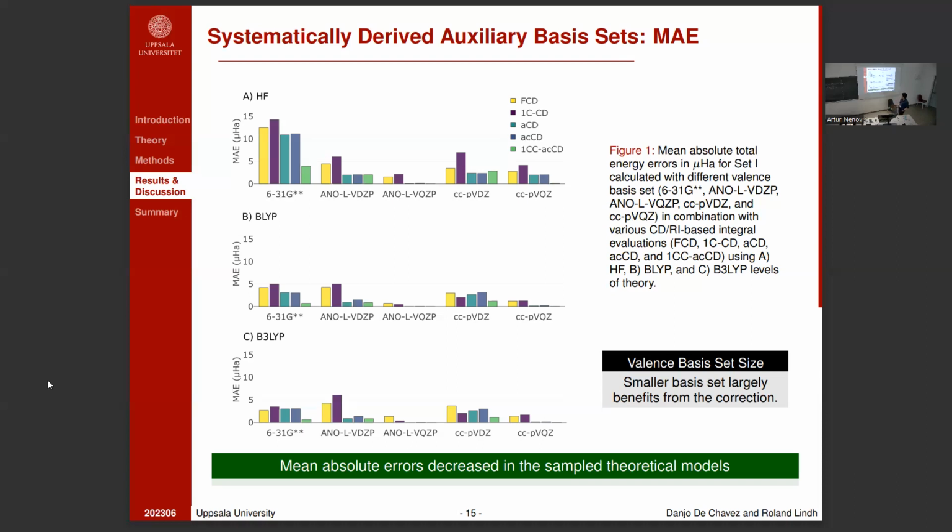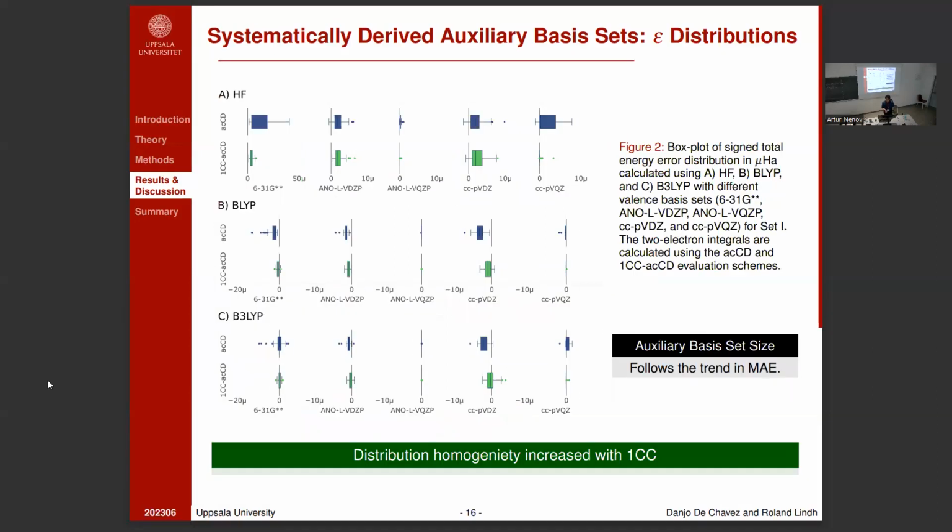What is also interesting is that with respect to the valence basis set size, the smaller basis set actually gains more from this one-center correction. This is highlighted with the 6-31G star, which is the smallest basis set that we use in this benchmarking.